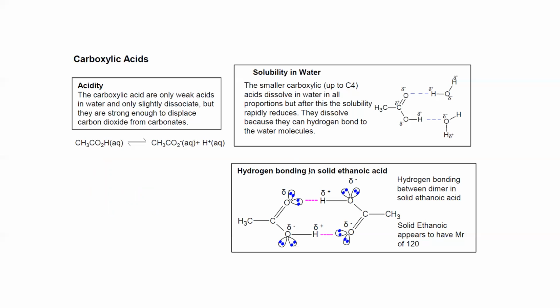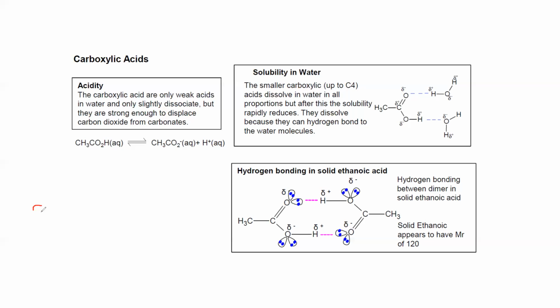Now, hydrogen bonding in solid ethanoic acid. What happens is there is hydrogen bonding between the dimer in solid ethanoic acid, and that's why ethanoic acid appears to have a relative molecular mass of 120. What is the reason for that?